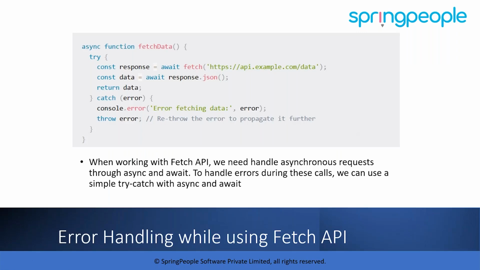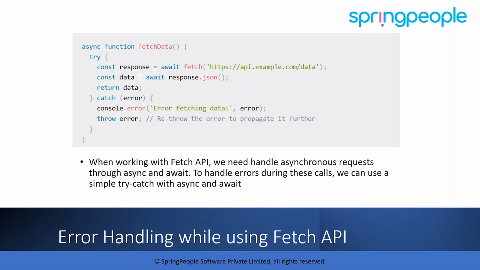So let us take a small example here. Let us say in this particular example, I'm trying to retrieve some data, and the data that is coming out is not working the way it is supposed to, or I'm not retrieving the correct kind of data.